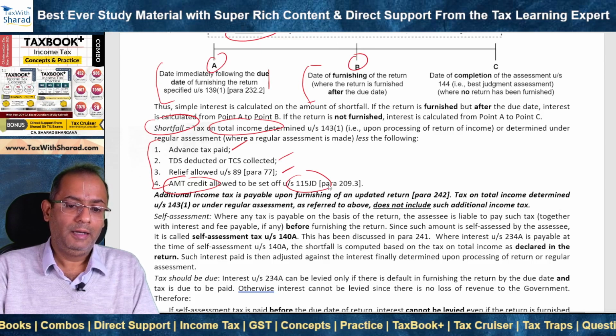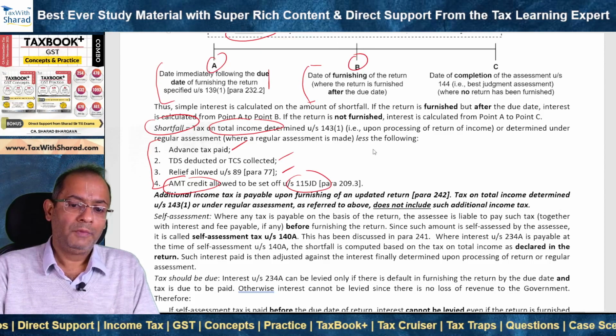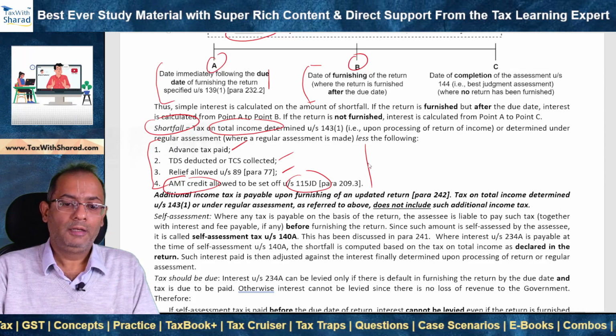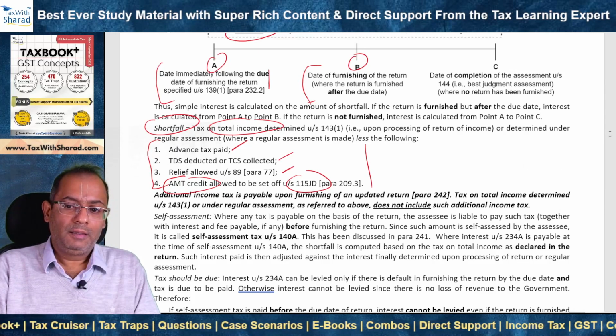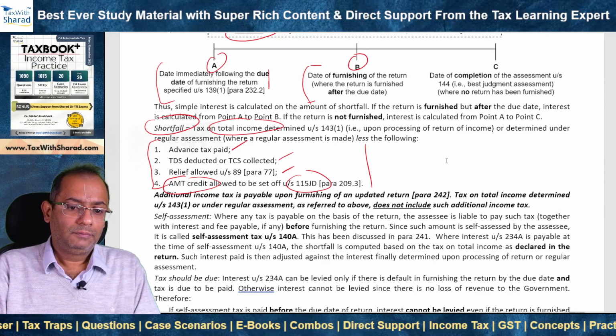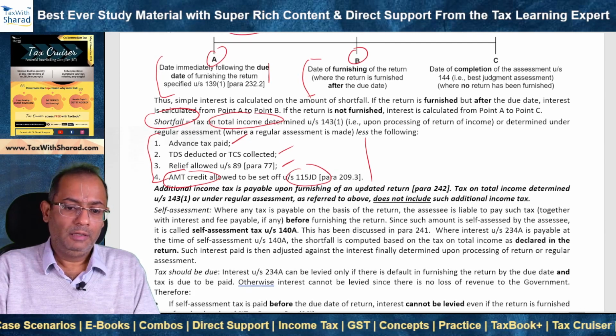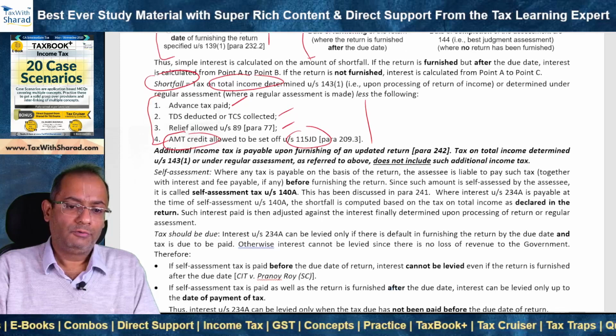The credit relating to that is called AMT credit. So all these amounts will need to be reduced from the tax on the total income, and that will be considered as the shortfall, and interest under section 234A will be leviable on the shortfall.